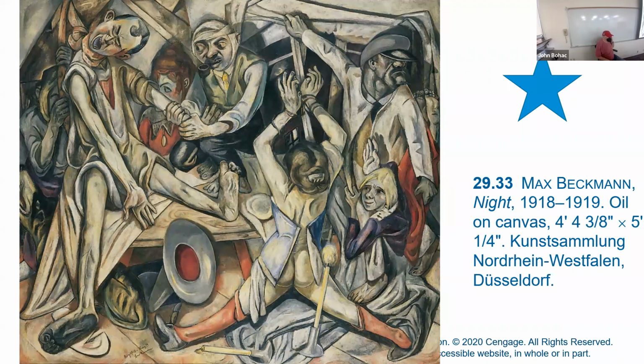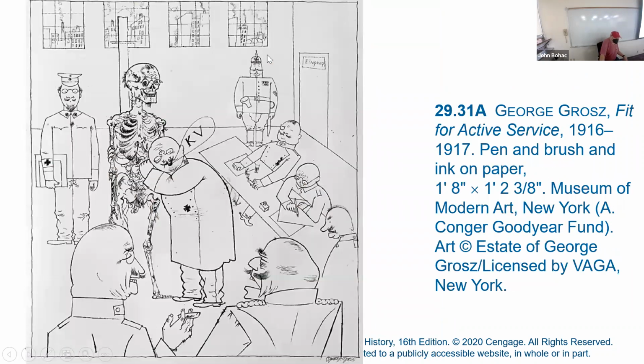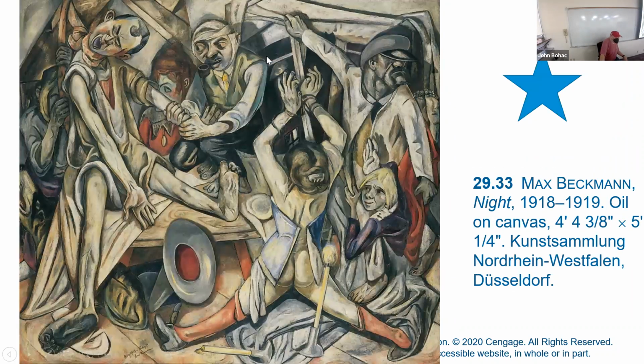And they bought a lot of his work, and it's now in St. Louis. But what he's known as, this kind of work, as well as this and that, becomes known as expressionism.